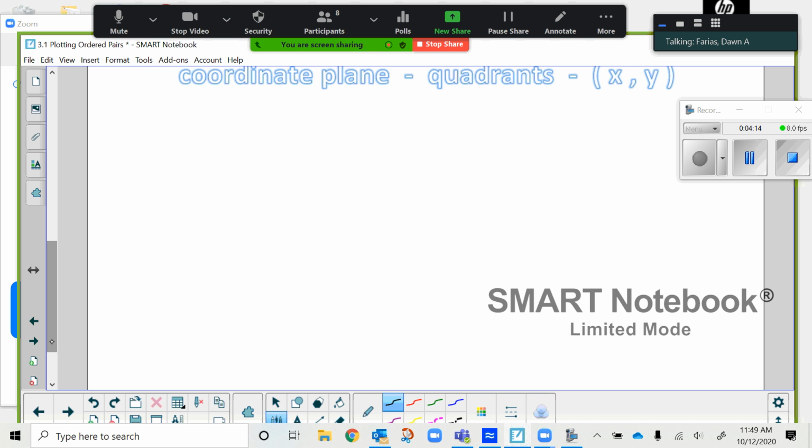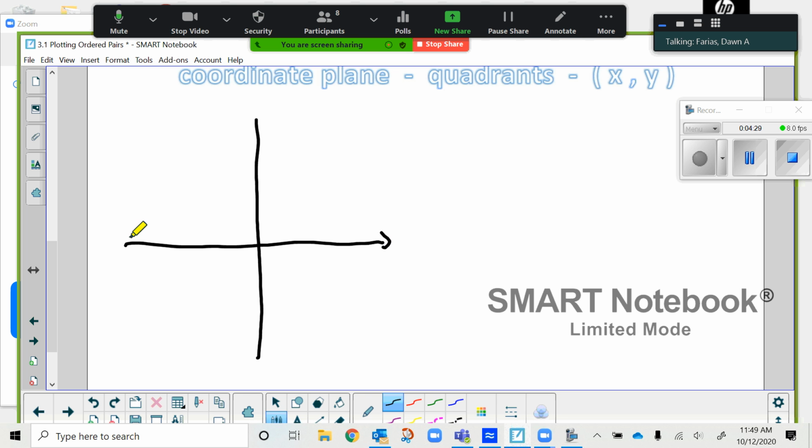We're going to draw these 2 lines. And these are called axes, right? Each one individually is an axis. I'm going to put arrows on that show it goes all the way forever and ever.